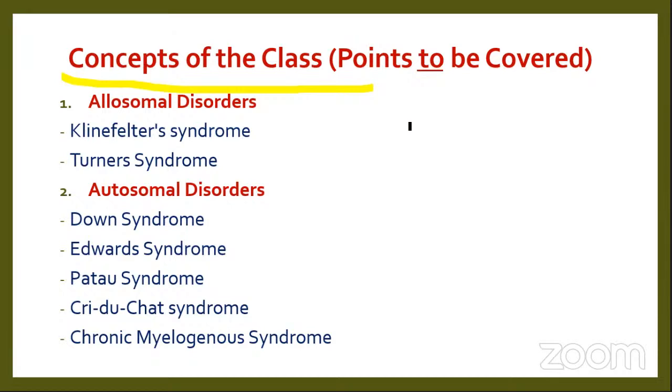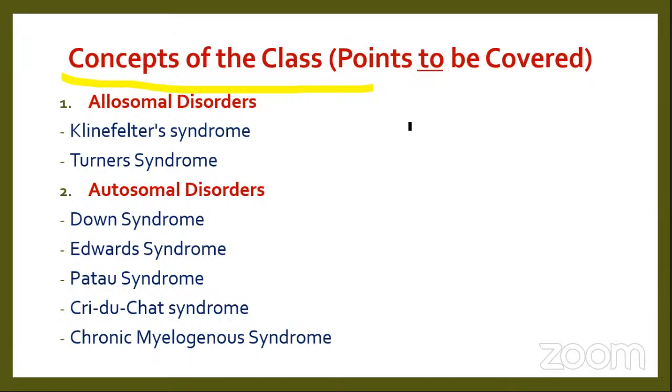So there will be a change in the structure of the genes of the chromosome and the number of chromosomes. Due to these mutations, changes occur in the chromosomes, and due to that, several disorders happen in the body. In the previous chapter, we discussed different disorders, and they were all Mendelian disorders.